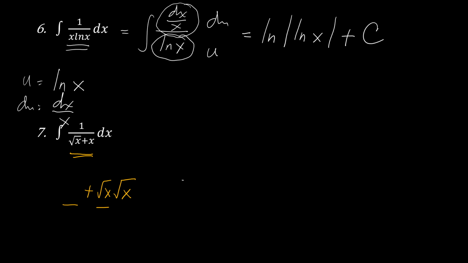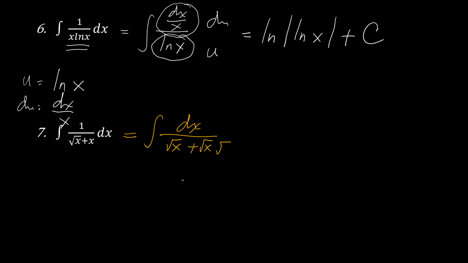So let us do just that. We write this as dx over square root of x plus square root of x square root of x. Factoring square root of x, we have square root of x times 1 plus square root of x.